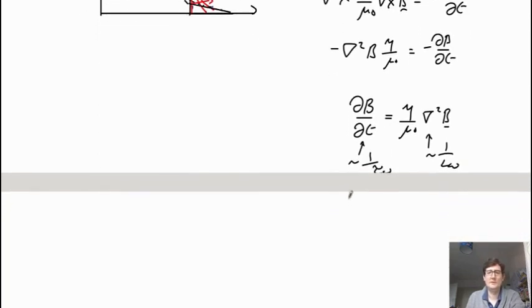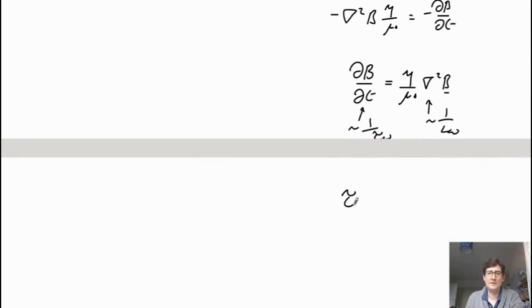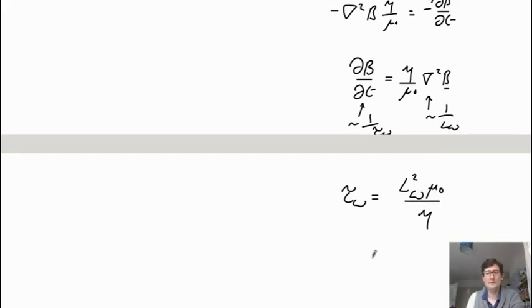And so we just rearrange this, and this gives the time scale is just proportional to the square of the wall size, because you have a del squared here. Then we have a 1 over eta. So as the resistivity goes to 0, for example, if you had a superconductor, then this timescale will go to infinity. And so the higher the resistance, the quicker the field penetrates into the wall. For typical values, this is sort of tens of milliseconds.